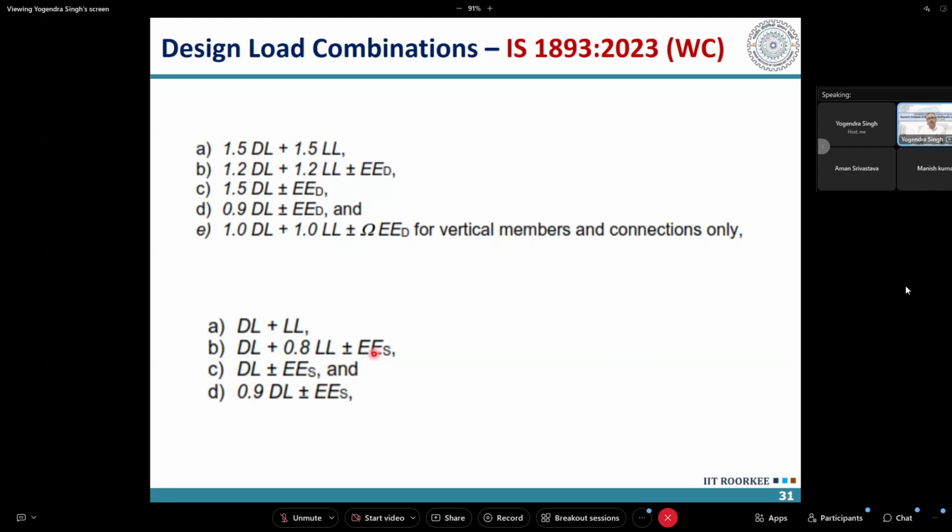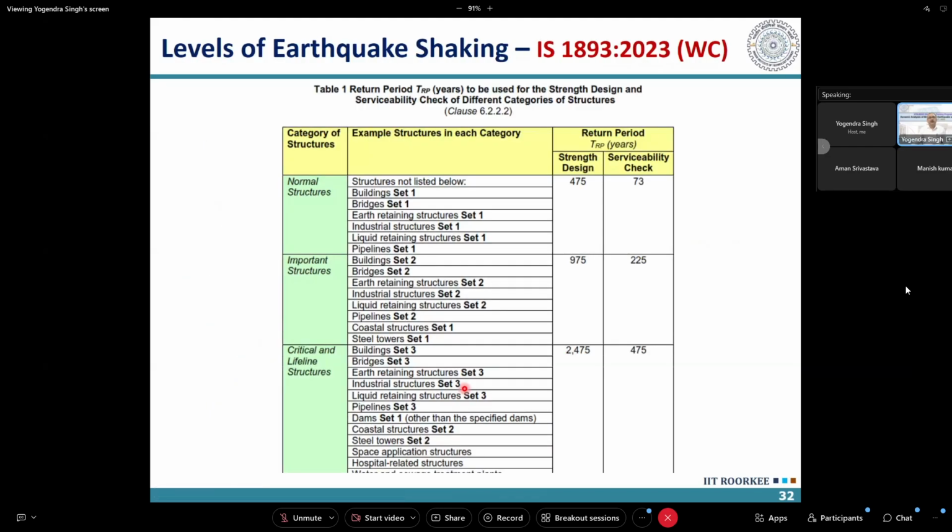The period for these earthquakes for a normal building is less than 475 years, whereas here this is 475. Which earthquake we will use for the serviceability check and the strength check is also given in the code. For normal buildings, normal structures, we have to use 475 years for the strength check and 73 years for the serviceability check.